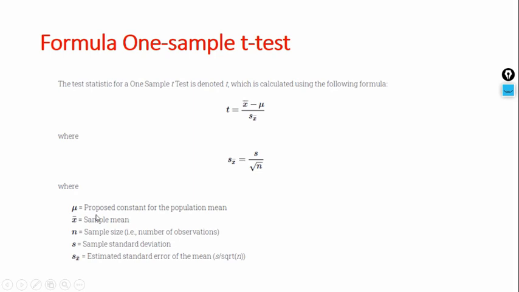Here you can check: mu means the proposed constant population mean. In our data file, mu means 66.5. We will calculate the sample mean of our 150 students. n is the sample size, 150 is our sample size. s is the sample standard deviation, which we can calculate. s x bar means the estimated standard error of the mean.